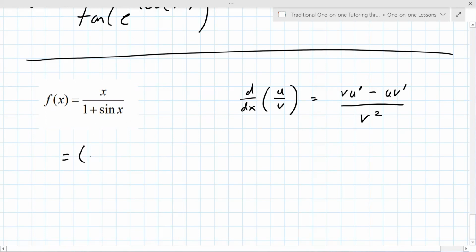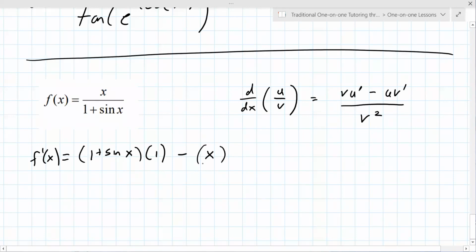So the bottom function is 1 plus sine x, and then the derivative of the top function is 1 minus, and you probably don't get a formula sheet, but that minus is the kind of thing that you would see on the AP or a practice test, because they really want to make sure you know that. And then the top times the derivative of the bottom.